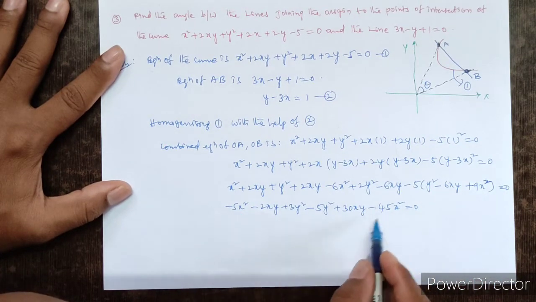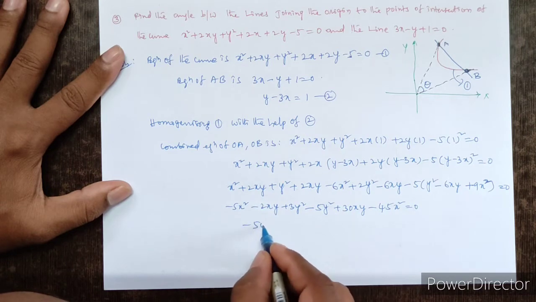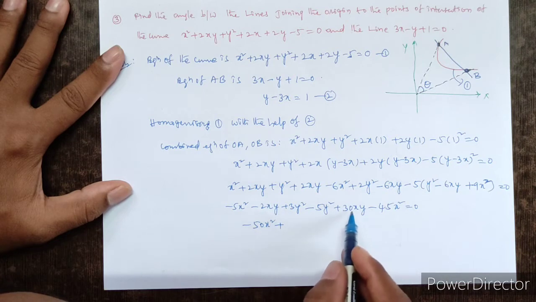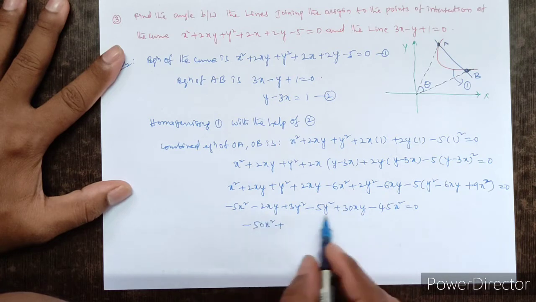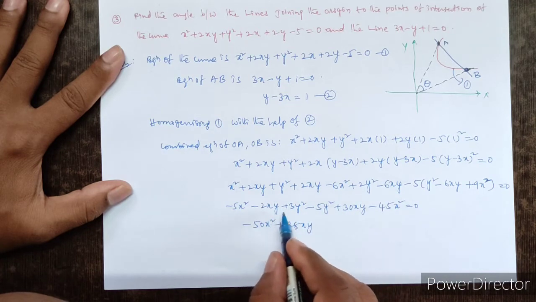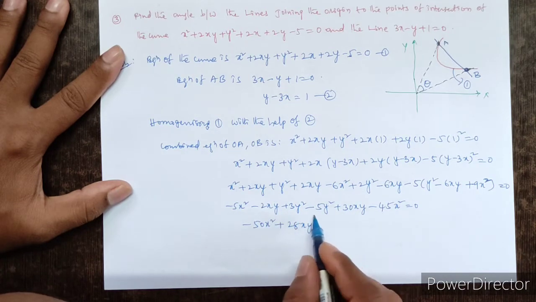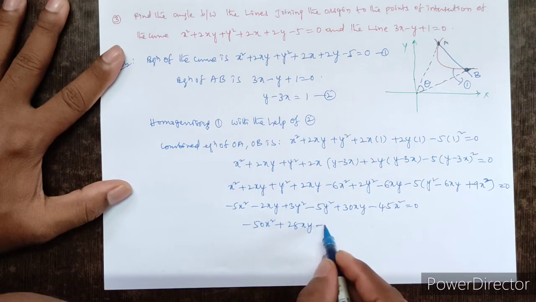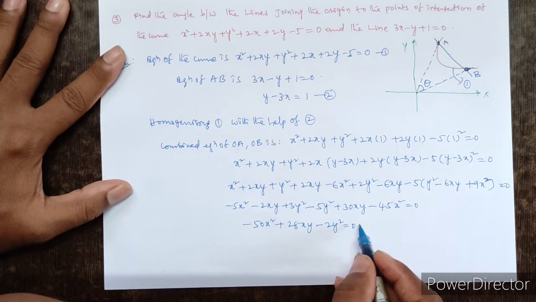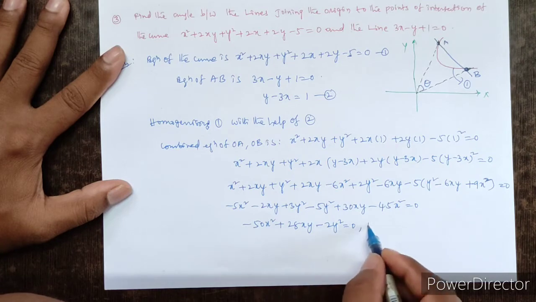So minus 5x square minus 45x square is minus 50x square, plus 30xy minus 2xy plus 28xy... minus 22xy plus 3y square minus 5y square is minus 2y square, equal to 0.